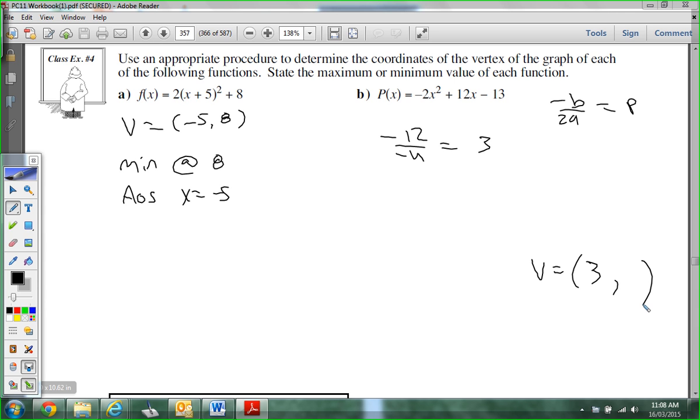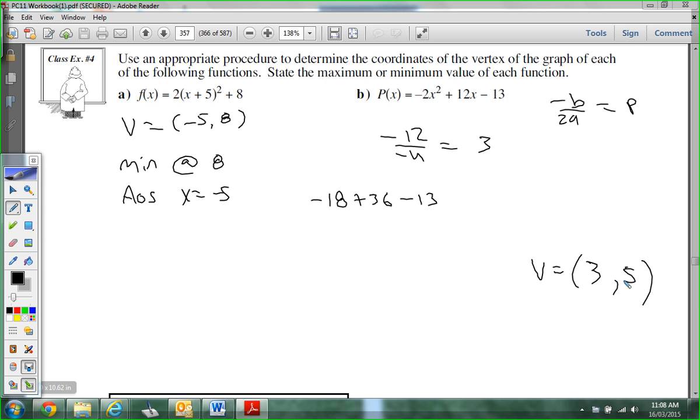To figure the other one out, you can use the other one if you want. I prefer just to put it back in, just because that's me, but do whatever you want to do. So 3 squared is 9. That's negative 18 plus 36 minus 13. That gives me 5.